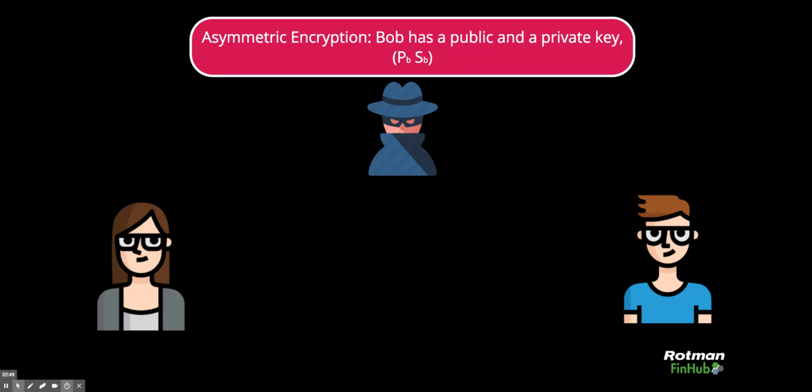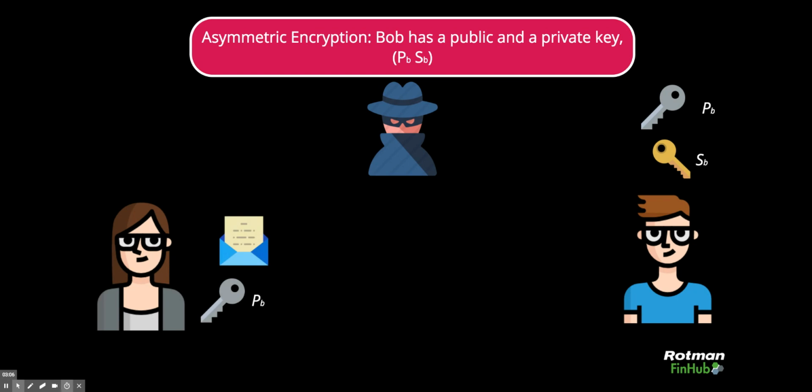So how does asymmetric encryption work? Well, this works as follows. Bob here has two keys. He has a public key and he has a private key. Now, the way it works is that Bob publishes his public key and keeps his private key private. So what Alice would then do is she takes the message and she encrypts it with the public key.